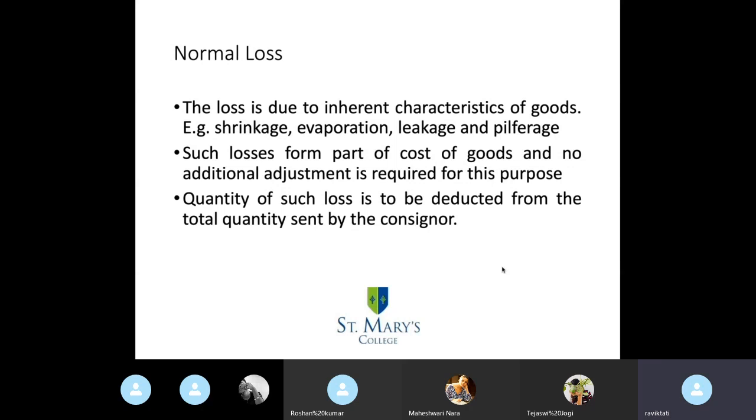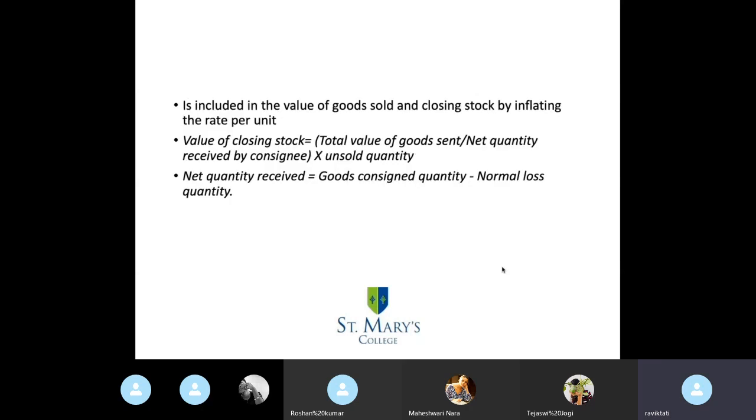This is including the value of the goods sold and closing stock by inflating the rate per unit. Value of the closing stock is equal to total value of the goods sent by net quantity received by the consignee, into unsold quantity. The total value of the goods sent may be 5,000.